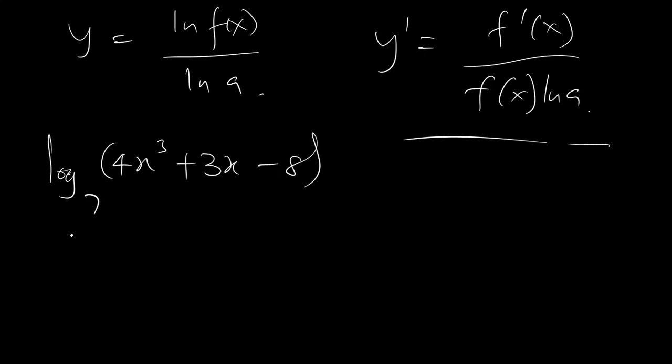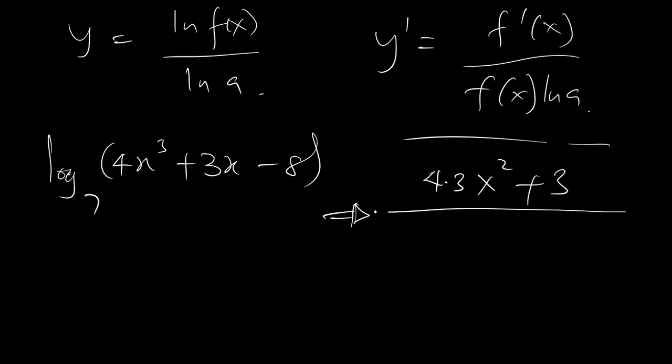The derivative of this will be, using this formula, the derivative of the inside, which is 4 times 3x squared plus 3, divided by the inside, 4x cubed plus 3x minus 8, times ln 7, since a is equal to 7.